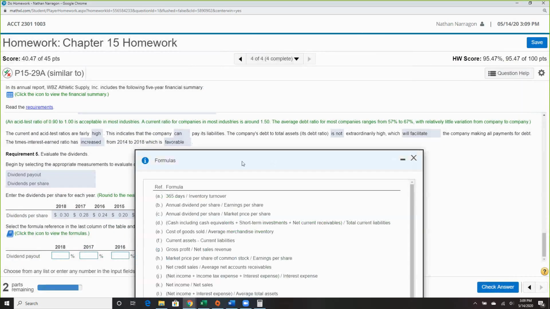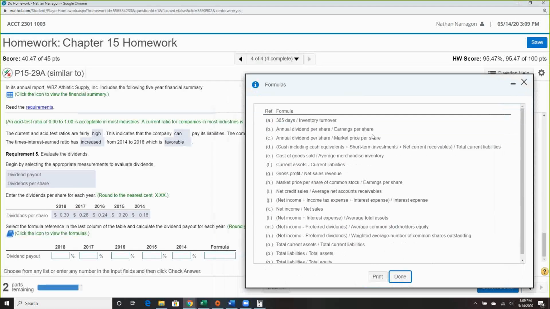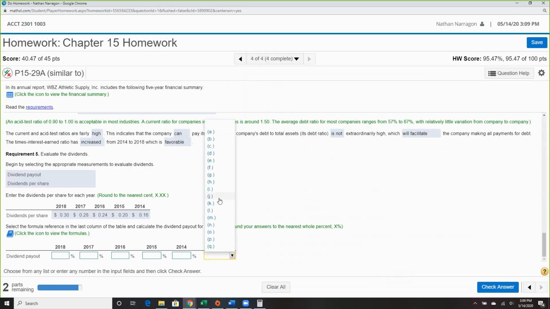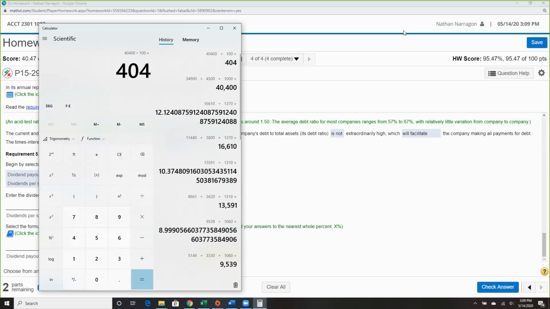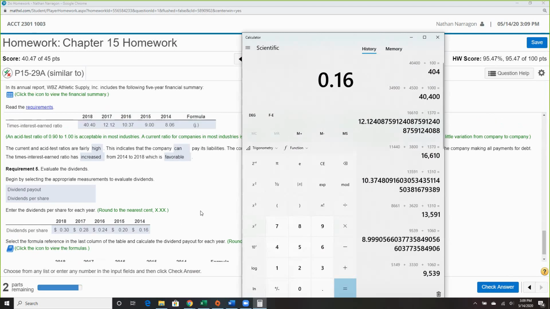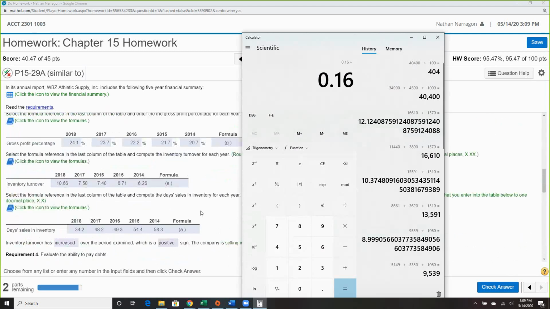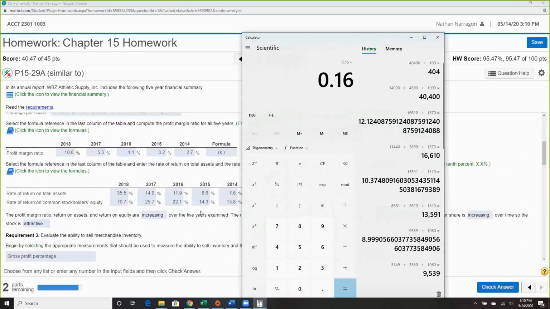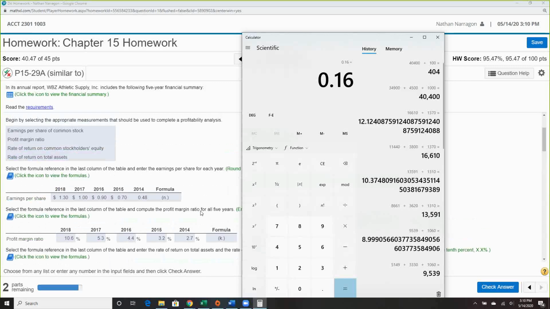We do need to put in that formula, which is B. Okay. So we're going to take dividends, 0.16. My calculator over here. 0.16 divided by our earnings in 2014, which was 0.48.